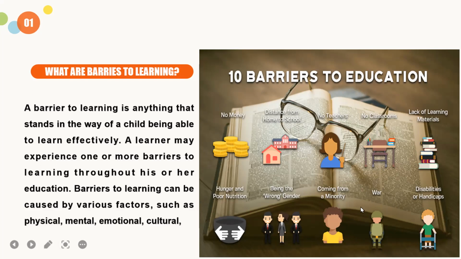But for the focus of this, I'll be talking about disabilities or handicaps as a barrier to learning. There are many other factors, of course, physical, mental, emotional, and cultural that are summed up, but all of them are broken down here. So these are like the umbrella.